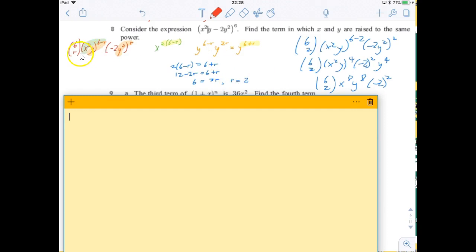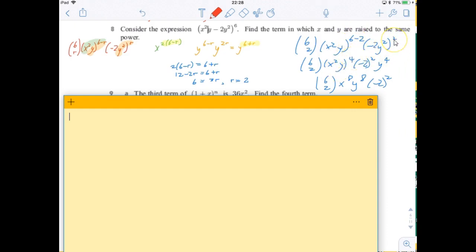Okay, then I take the general term again, and now that I know r is 2, I can put it back into the general term, and now I have 6 choose 2 times x squared y to the 6 minus 2 power times negative 2y squared to the 2 power. I simplify everything. 6 minus 2 equals 4.